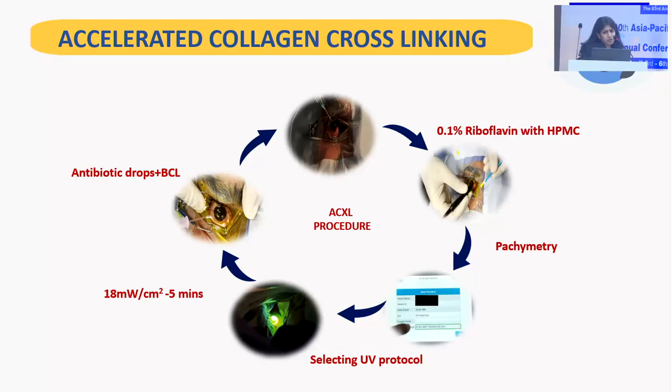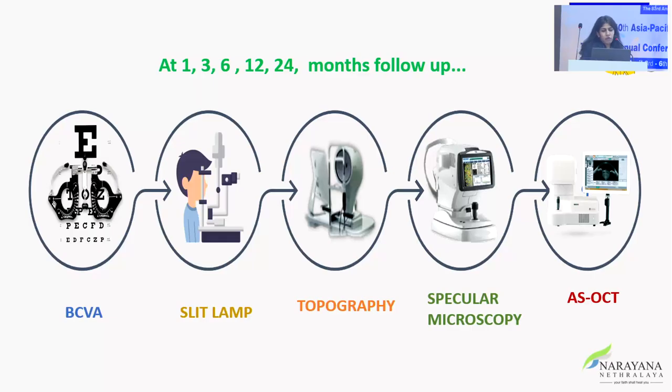Once epithelial debridement was carried out, within 8 to 9 millimeters of the cornea, 0.1% riboflavin with HPMC is instilled every 2 minutes for the first 16 minutes, followed by checking intraoperative pachymetry, followed by selecting the UV protocol of 18 milliwatt per centimeter square for 5 minutes.